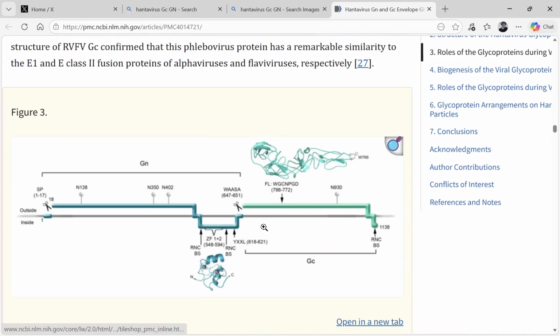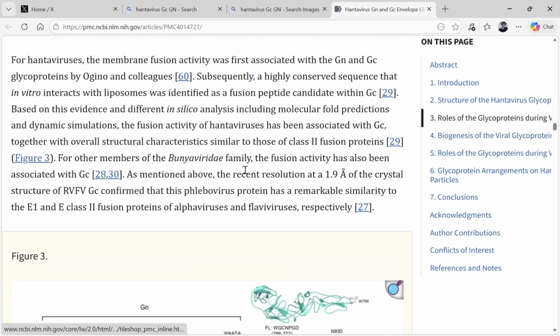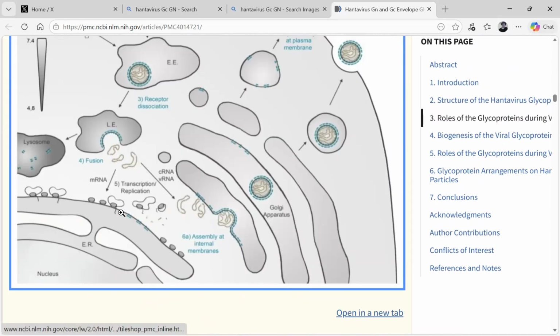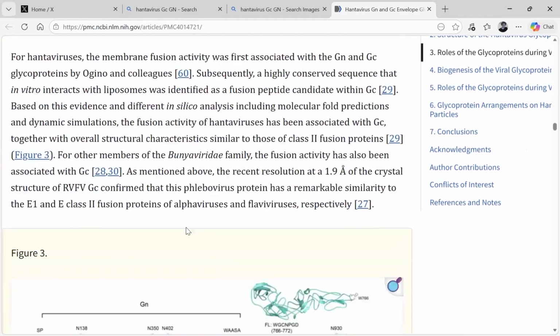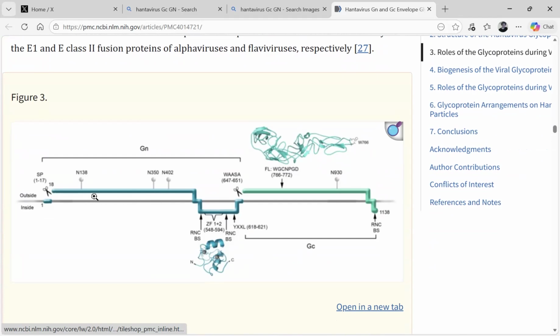Now, during this process here, where it's creating the glycoproteins, and starting to move into the Golgi apparatus and starting to get ready for packaging, this long protein, this GNGC protein, is cleaved.